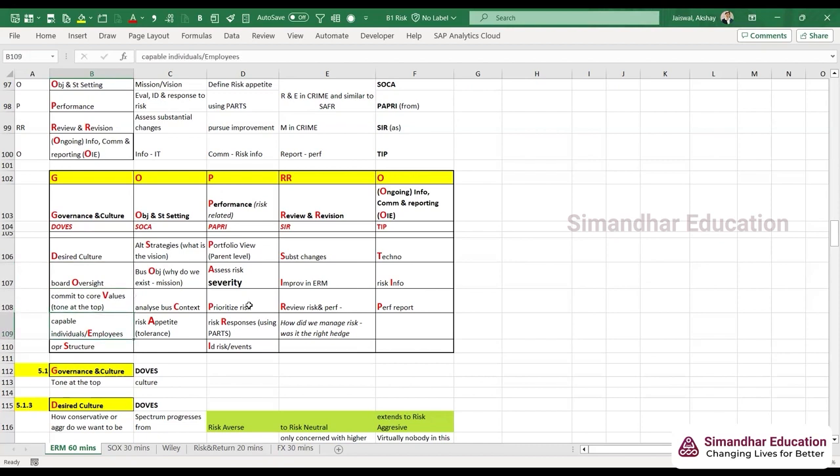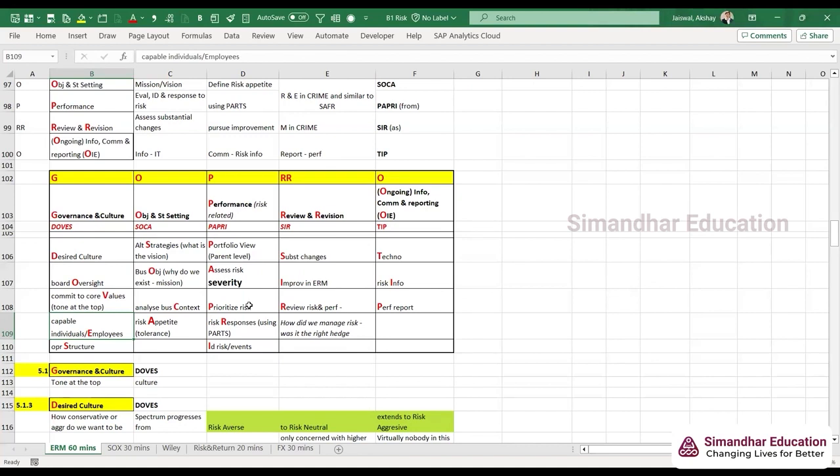Capable individuals or employees. So this is also important. What it basically means is that we need to have a culture where the achievers are rewarded and the slackers are punished. What it means, I'll explain.